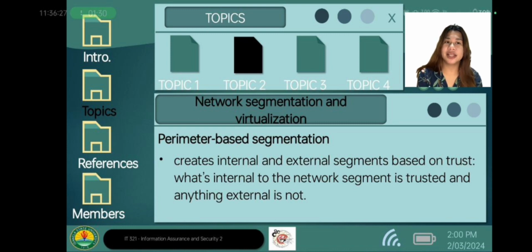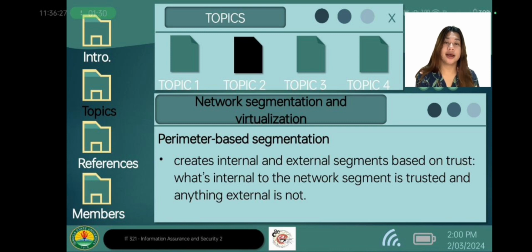So, based on the level of trust, perimeter-based segmentation is divided into internal and external segments. The internal segments are considered trusted, meaning the resources within these segments are assumed to be safe and authorized, while the external segments are considered untrusted, meaning they could be dangerous for security and are more strictly regulated and observed.